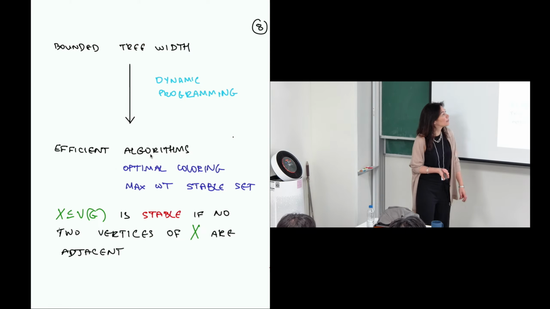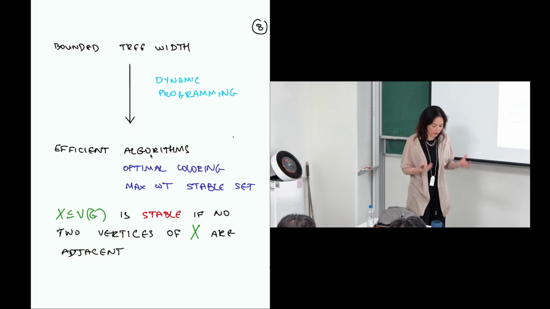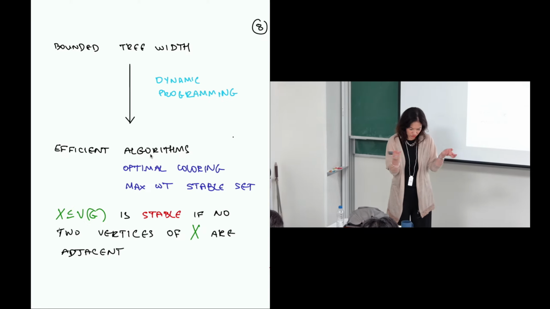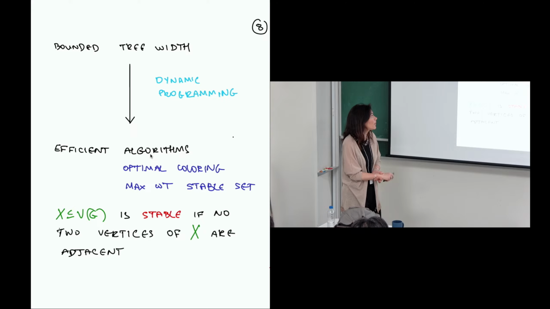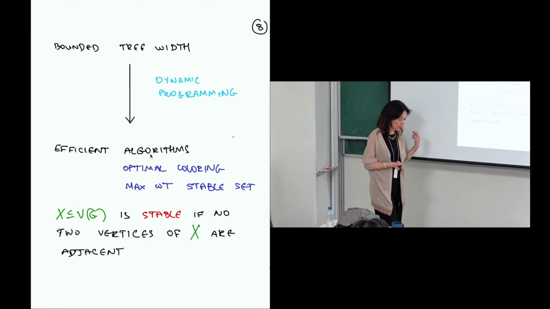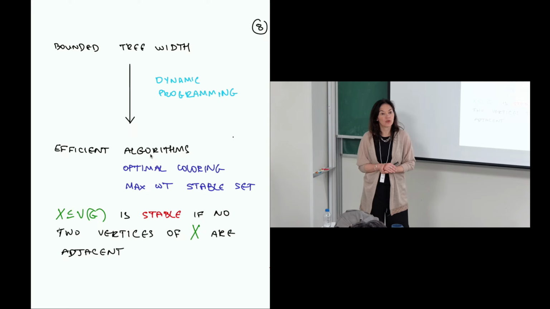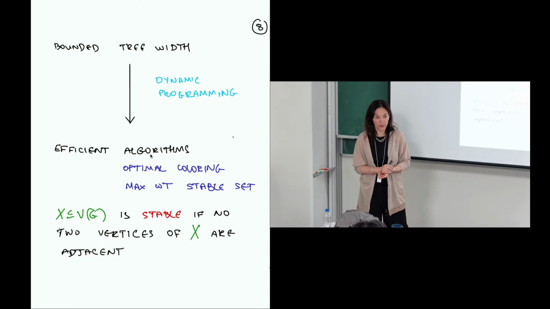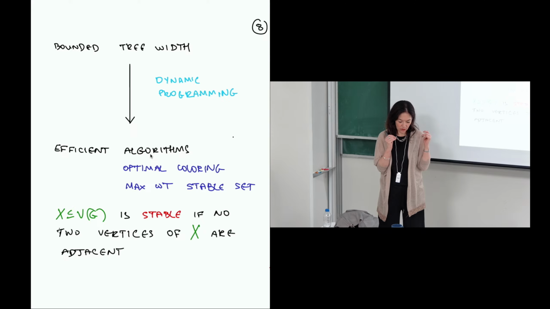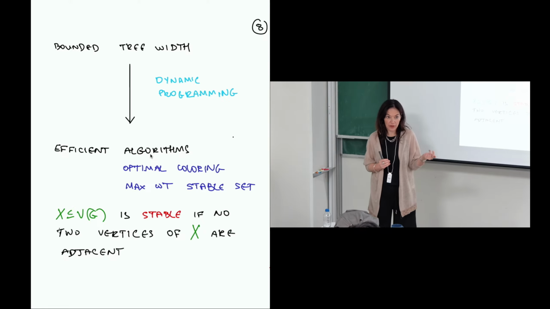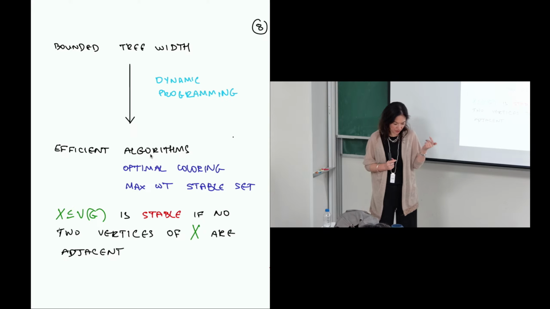And the reason people like tree decompositions so much, well, first of all, it somehow captures a lot of the graph just by thinking about a tree. But also, more concretely, you can use tree decompositions to design algorithms. If you're given a tree decomposition of small width, you can solve all kinds of problems efficiently.